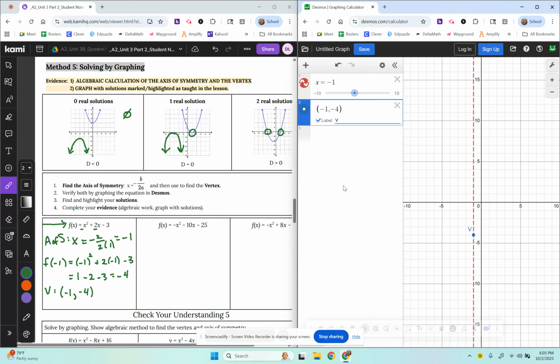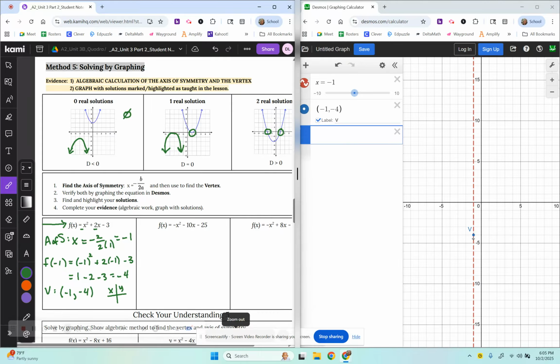Okay, and now we're ready to graph our equation, kind of get it all brought together. You can do this with a table where you do your x's and y's. I always use my vertex as the center point and then kind of go to the right 2 and the left 2 from there and plug in your values.